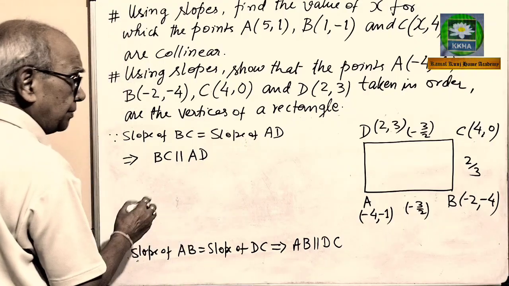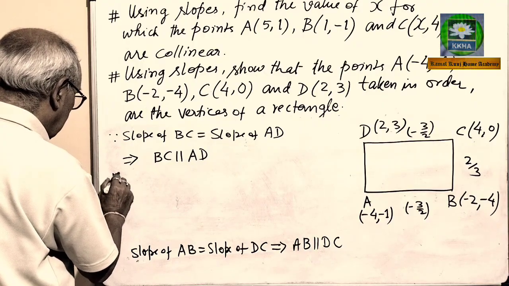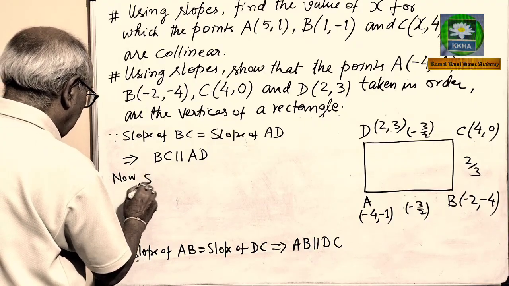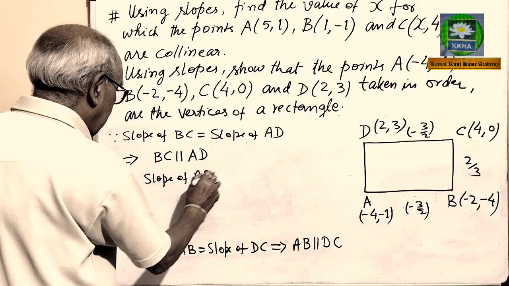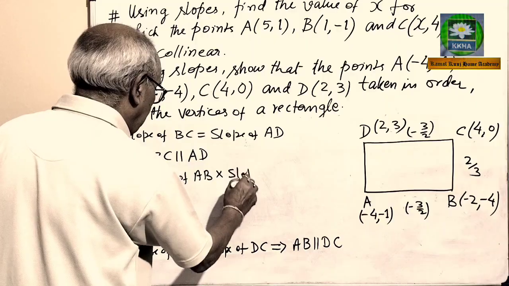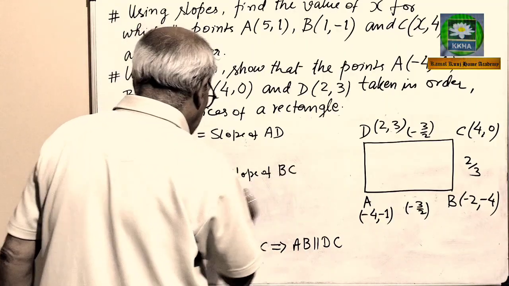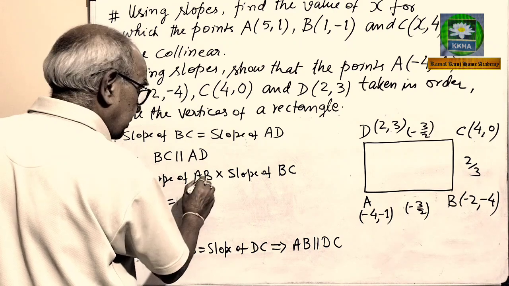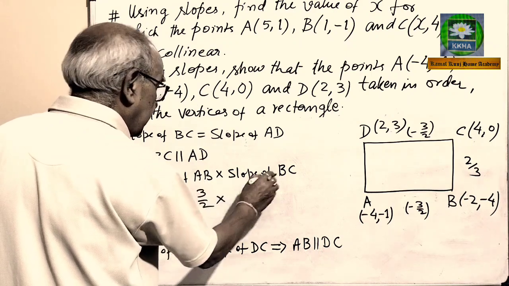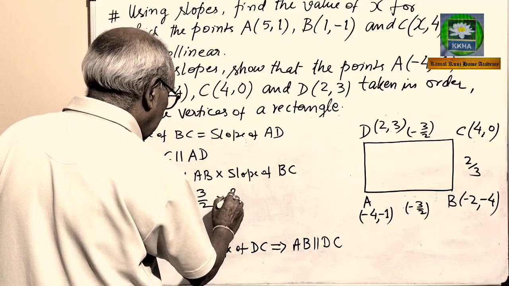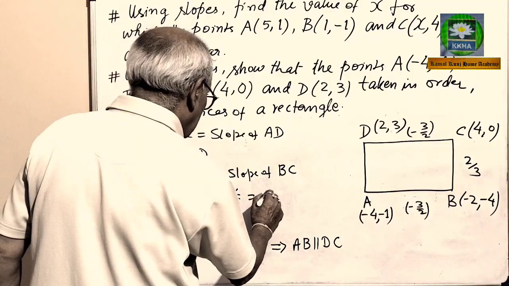Now slope of AB multiplied by slope of BC. Slope of AB is minus 3/2 and slope of BC is 2/3. So it is equal to minus 1.